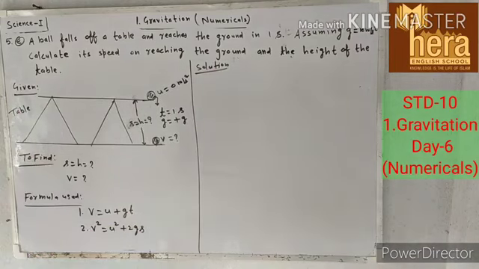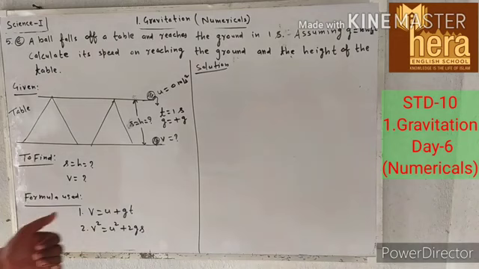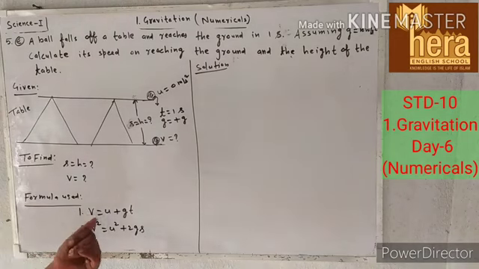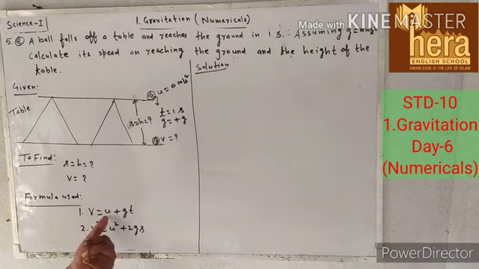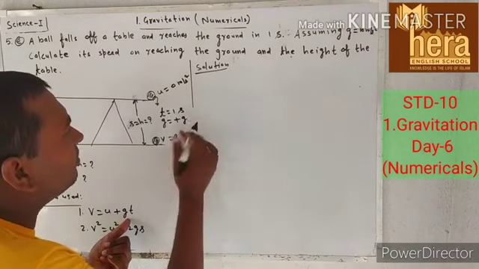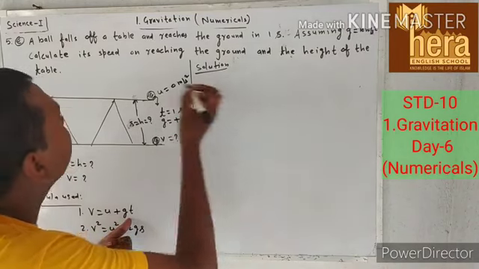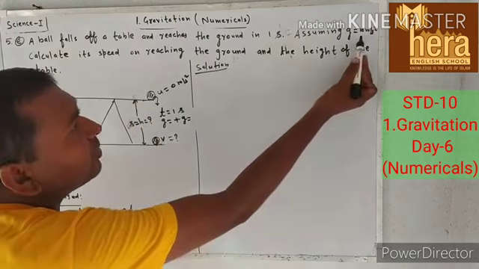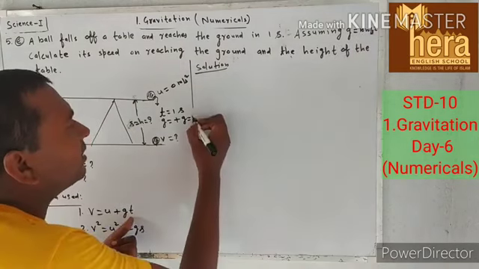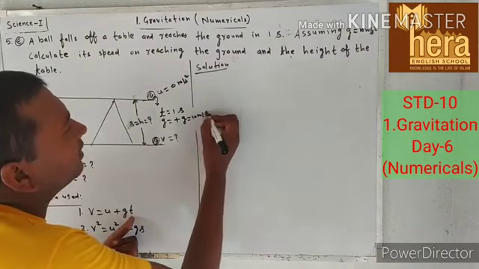See, V we have to find. U is given, G is given, G is equal to plus G. Assuming G is equal to 10 meter per second square.